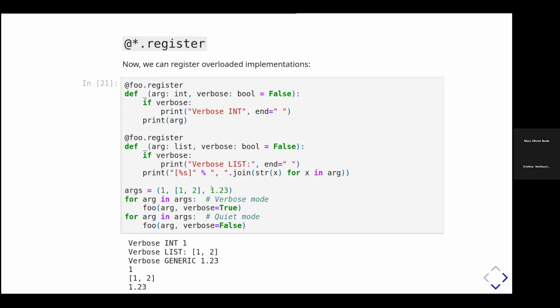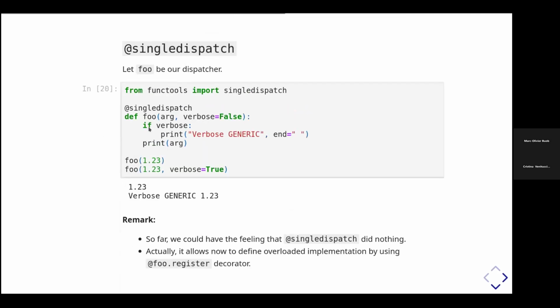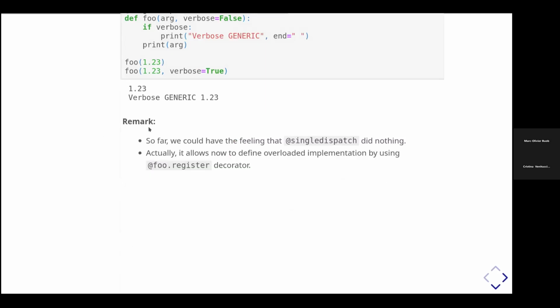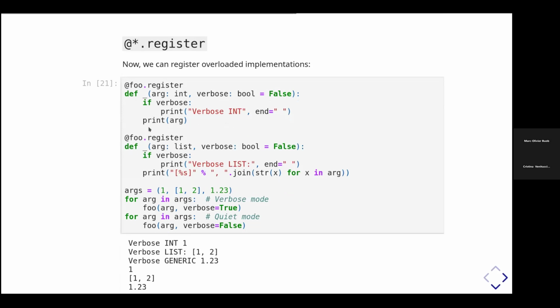And for the last type, which is a float that has not been registered, it will use the dispatcher that we have defined just before. So this one. And so this is why here you can see verbose generic. So basically, what you have to understand is when you define the dispatcher, it defines the baseline behavior, and then you can specify specific behavior using register.